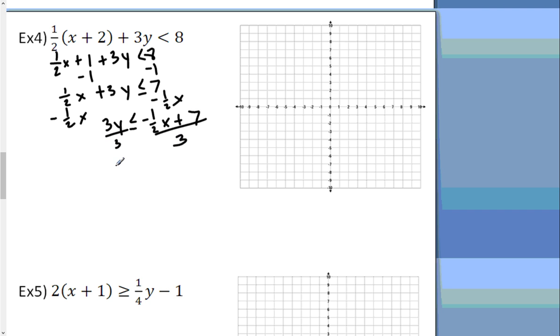This is where it gets kind of weird, but I would get y is less than or equal to -1/2 divided by 3 is 1/6, so that's 1/6 x plus 7/3. Okay, so let's go ahead and graph that. This one's going to be really hard to graph. 7/3. In fact, I'm tempted to turn this into a 7. Let's do that, just so it's easy to graph.